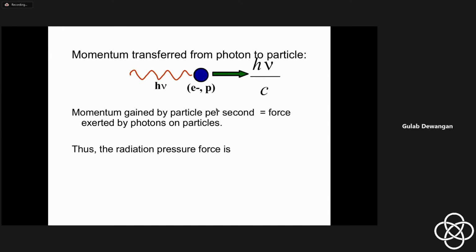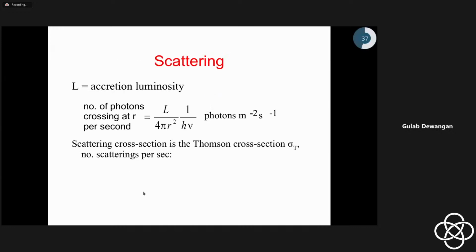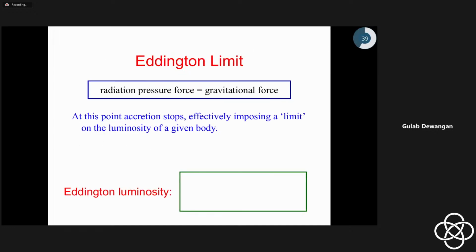So the momentum gained by the particle per second is essentially the force exerted by photons on the particles. Therefore, one can write down the radiation pressure force by multiplying this quantity with the number of scatterings we found here. That gives us the radiation pressure force.